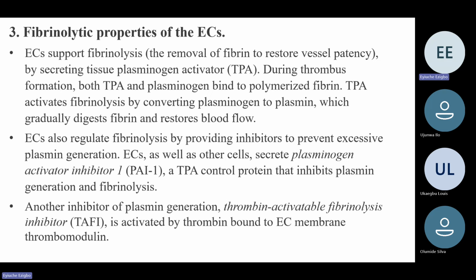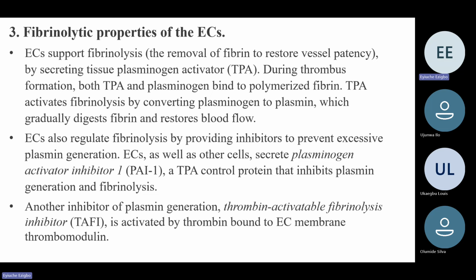The endothelial cells also regulate fibrinolysis by providing inhibitors to prevent excessive plasmin generation. Endothelial cells, as well as other cells, secrete plasminogen activator inhibitor, a TPA control protein that inhibits plasmin generation and fibrinolysis. Another inhibitor of plasmin generation, thrombin-activatable fibrinolysis inhibitor, is activated by thrombin bound to endothelial cell membrane thrombomodulin.